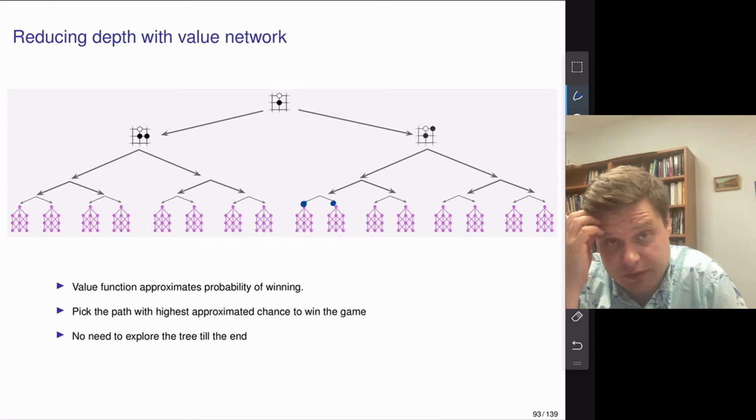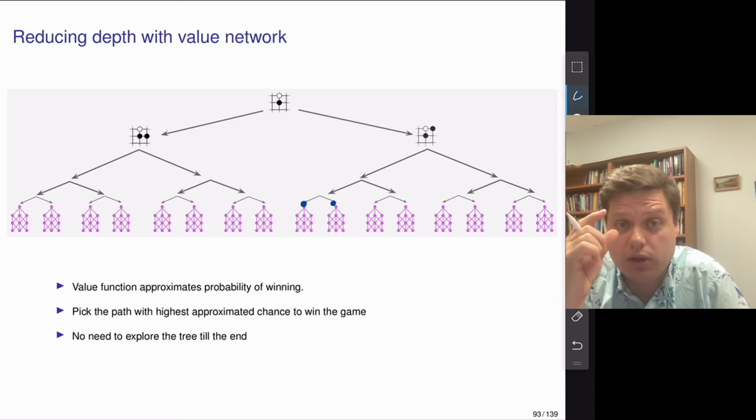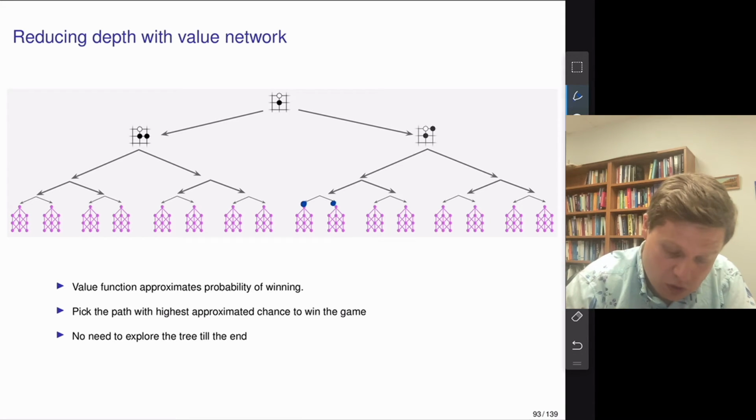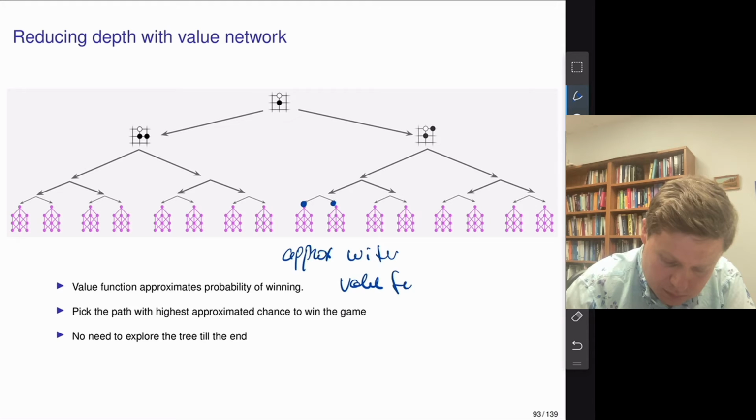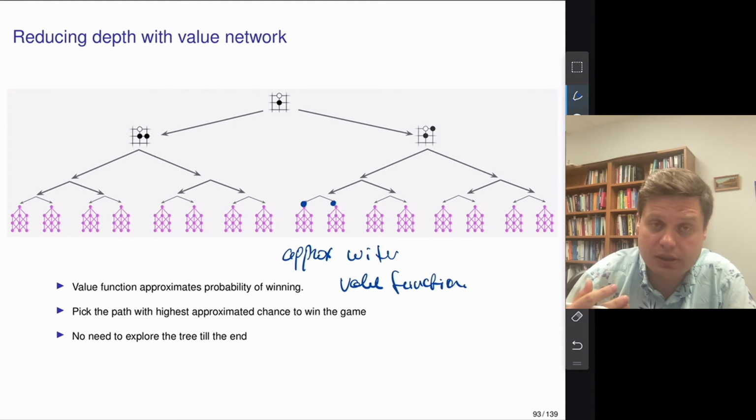And in the case of Go, the state is just the position of the pieces on the board, and you approximate it with the value function. It's always an approximation. It's not the true value. So essentially, you don't need to build this tree with 17 layers.